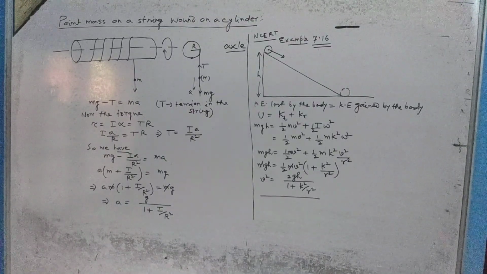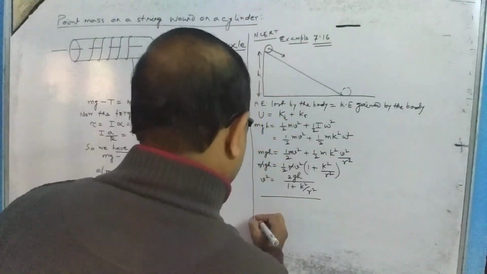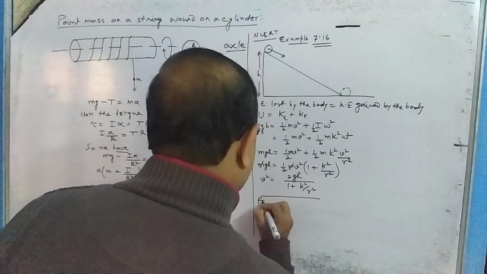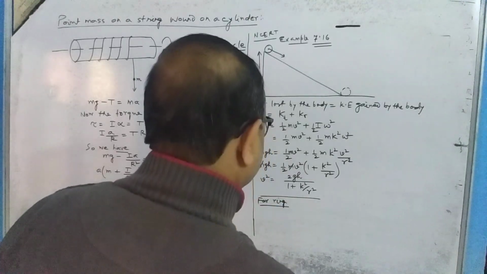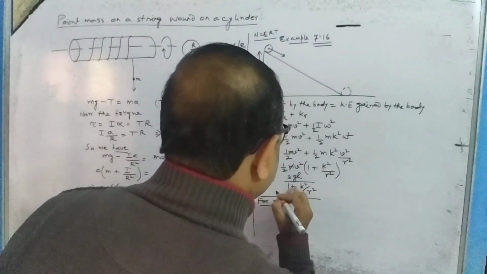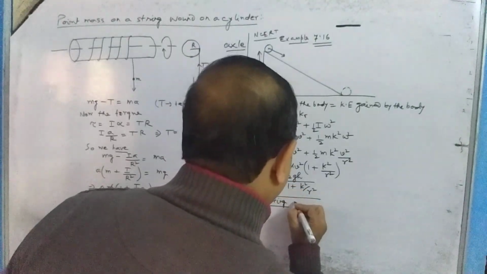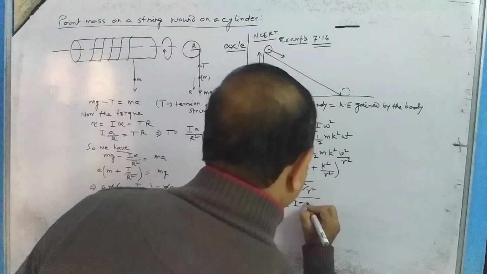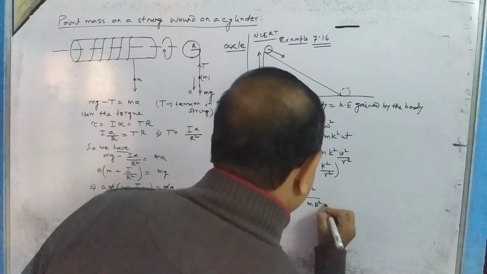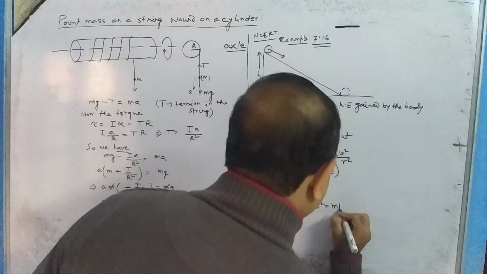Now take the different cases one by one. For the ring, I just give you the hint. In case of the ring, what is the value of I? I is equal to mr square, so mr square is equal to mk square.